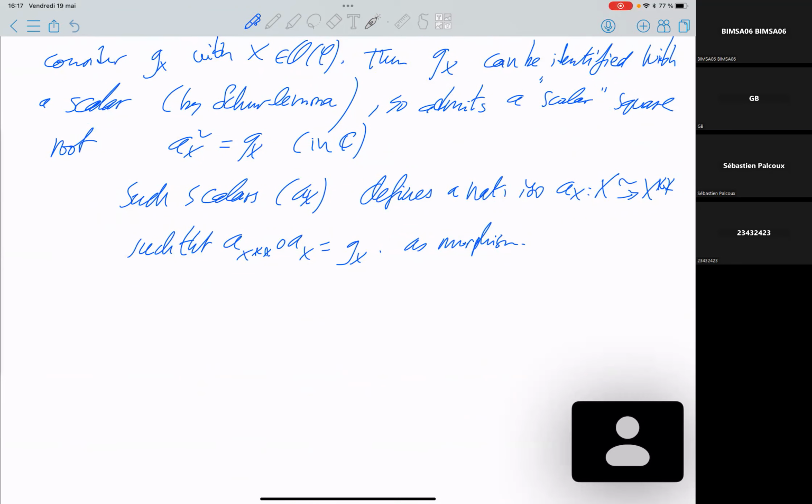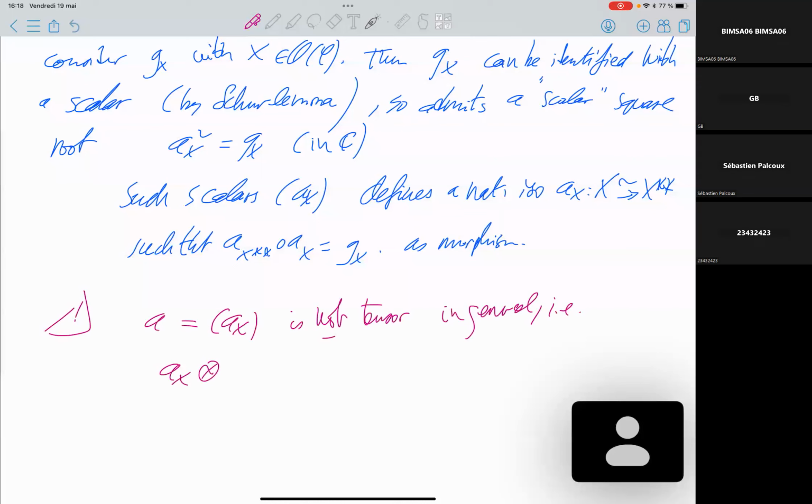So as I said, a equal a_X is not tensor in general, which means that a_X tensor a_Y is different from a_{X tensor Y}.